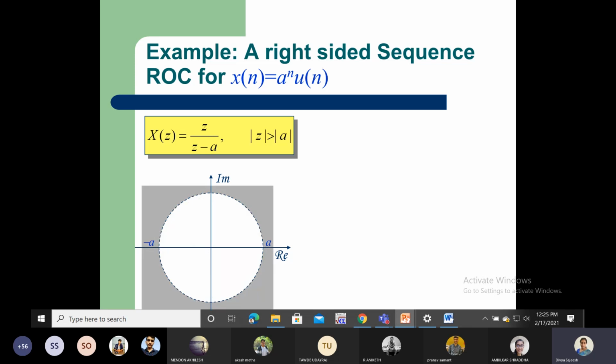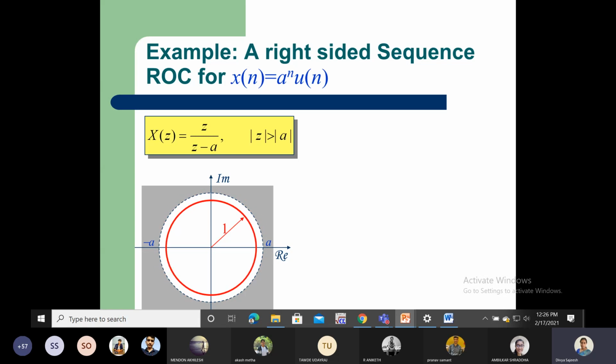So this is the z plane, inside which we have a circle with radius a, and that gray area is your region of convergence, because the region of convergence lies exterior to the circle with radius a. So this is the right sided sequence.